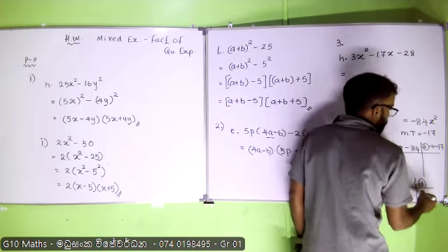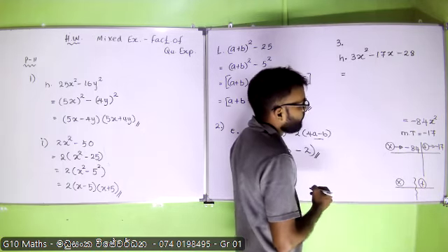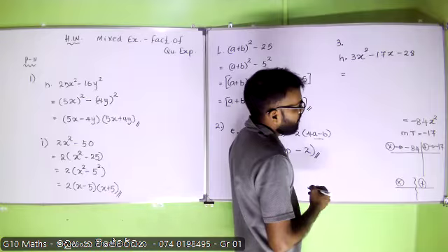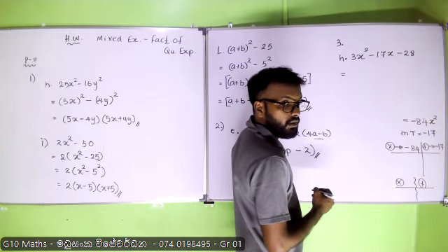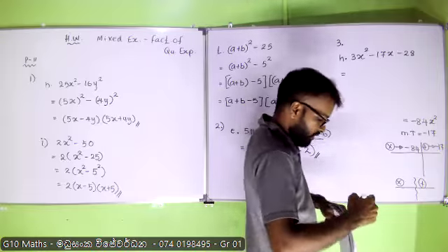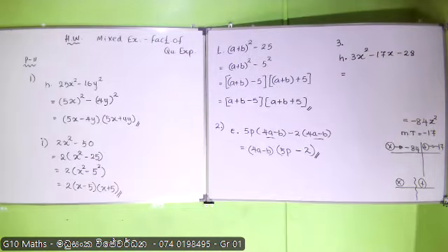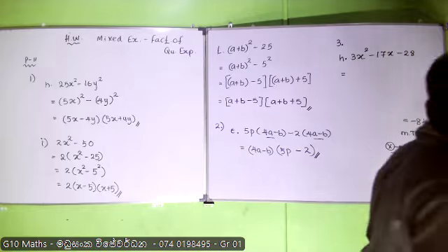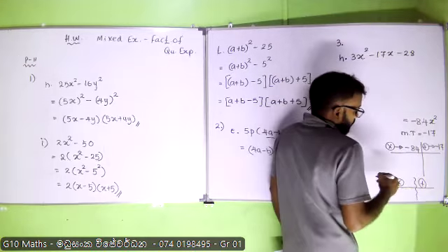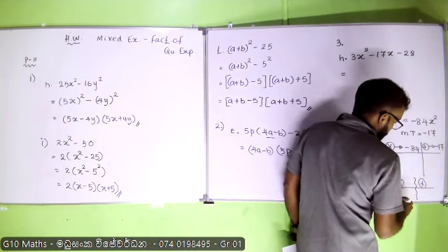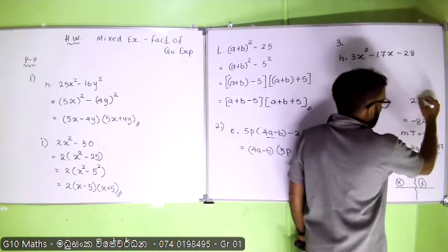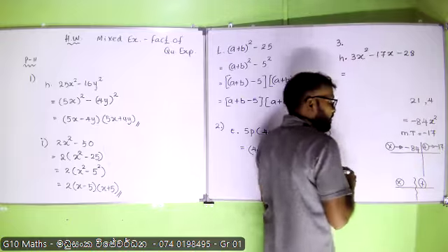Can anyone tell me the two suitable numbers that we need to take here? Minus 21 and plus 4. Super. 21 and 4 are our numbers.